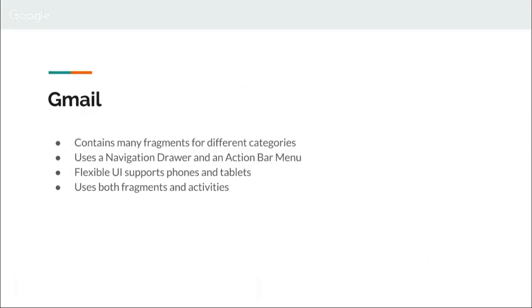Gmail uses a navigation drawer and an action bar menu. And this is the thing about navigation. You're not limited to one type of navigation. You can mix and match navigation styles. And I'll talk about that a little bit later.